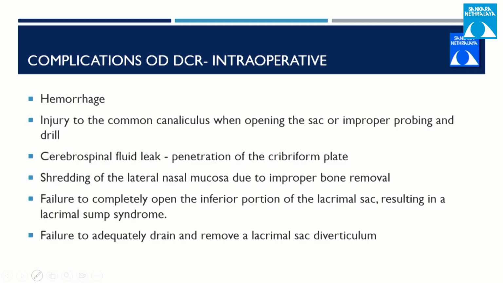So basically in lacrimal sump syndrome, the syringing will be patent, but the opening is very high up. So the tears don't actually go. Though the ostium is good, the location is not correct. The ostium is open, but it's not adequately placed in the correct position.